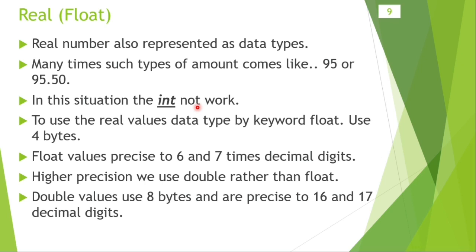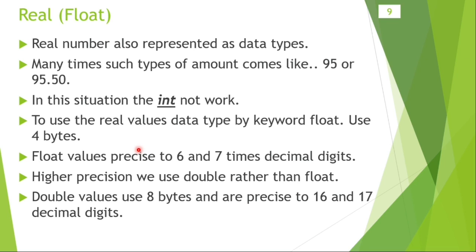So here we will use the real values data type by the keyword float, and instead of writing integer, we will use float. It also uses the same 4 bytes, 32 bits. Float values are precise to 6 to 7 decimal digits. Remember that in a decimal number only 6 to 7 decimal digits will come. Why? Because it is supported in a 32-bit computer.